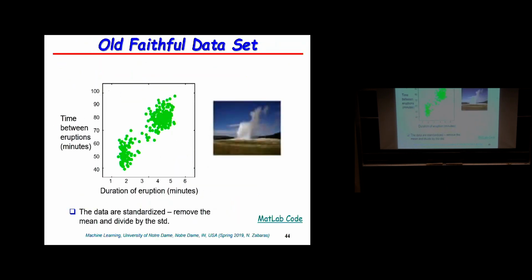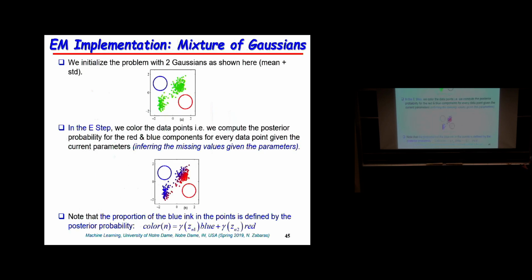I don't want to give you any proofs because the proofs are trivial, and I'm just going to click rapidly through the results. So basically, if you have data that are all the same color, you decide to do this with two Gaussians, let's say a blue and a red. The first step is the E step, to color the points. Those close to the blue Gaussian will become more blue, the rest more red.